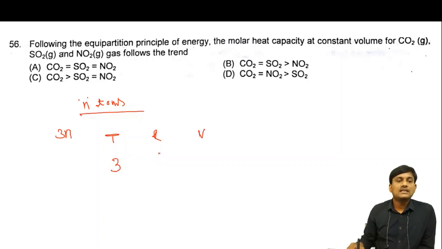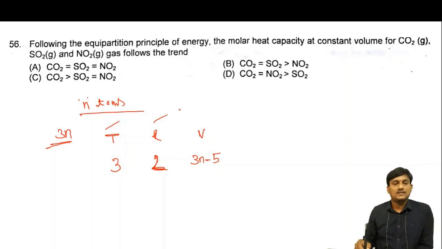Suppose if you take a linear molecule, the rotational degrees of freedom will be 2 only. And how many vibrational modes will be there? It will be obviously total 3n, so you have to remove the remaining, 3n minus 5. You have to remove translational and rotational. This is for a linear molecule.